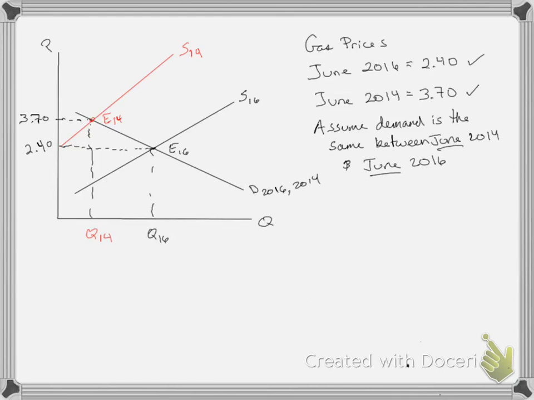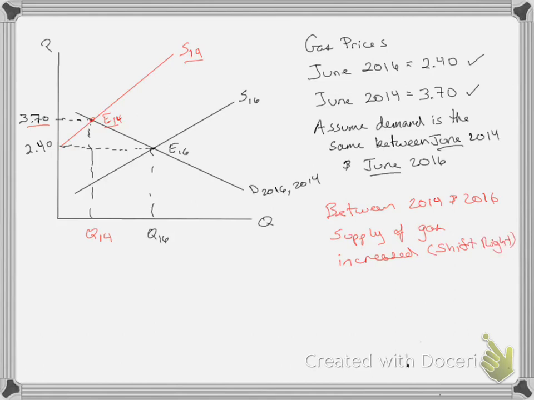So the way that we can tell a story about this is that in 2014, our equilibrium was out here at $3.70. Between 2014 and 2016, the supply of gas must have increased or shifted to the right.